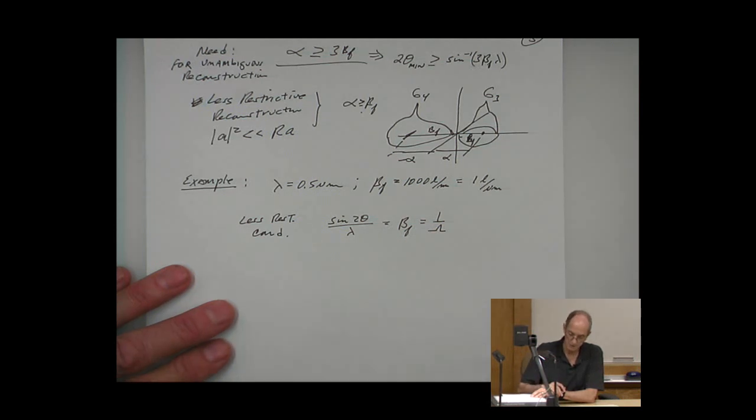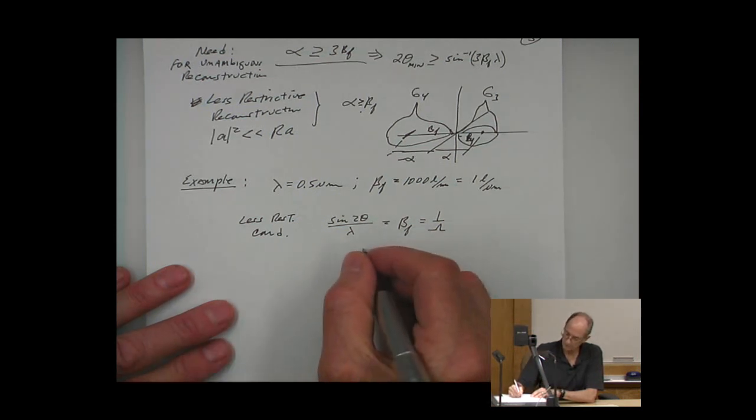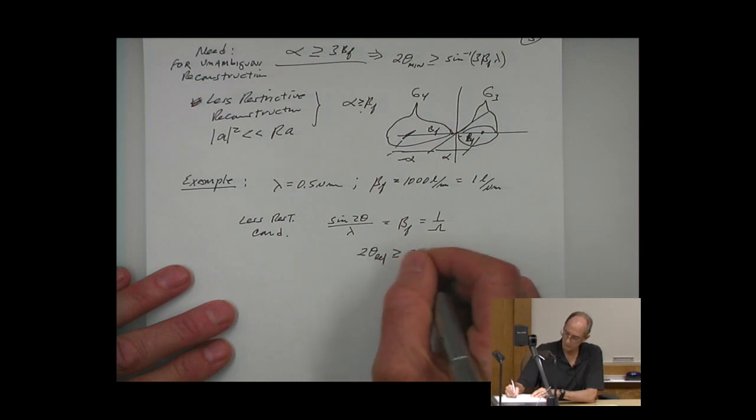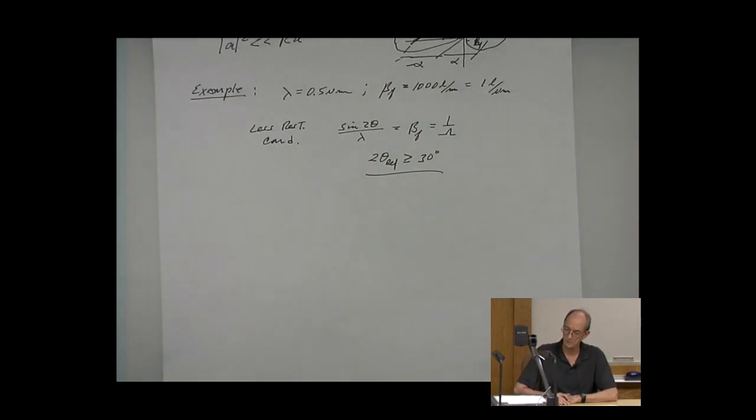And so 2 theta for the reference beam angle must be greater than or equal to 30 degrees. That's not too hard to realize in the lab.